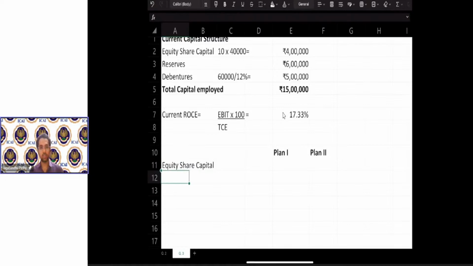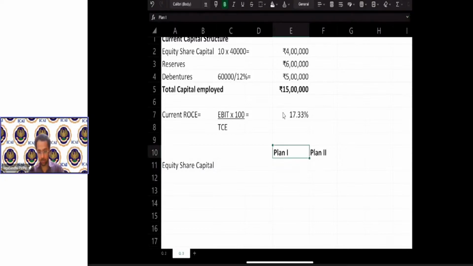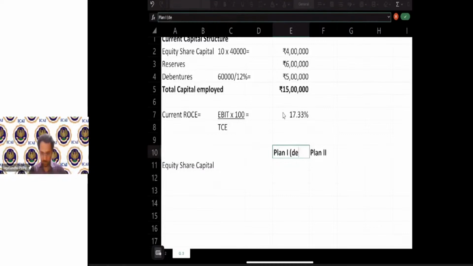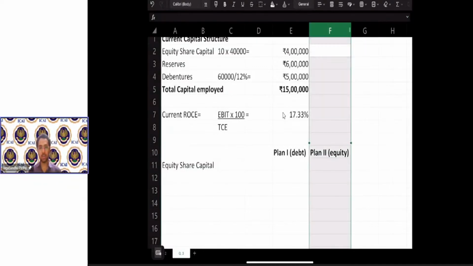Let's say the first plan, let us take it to be comprising of debt, and the second plan is of equity. First plan is of debt and second plan is of equity.